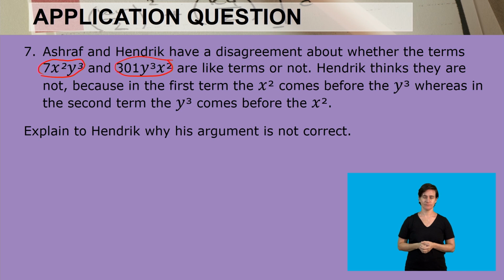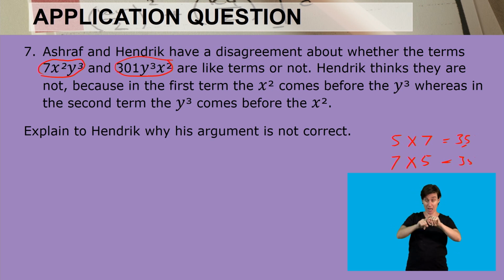When you look at the terms, you'd realize that x squared and y cubed are multiplied, and multiplication is commutative. What that means is, even if it was numbers, 5 multiplied by 7 and 7 multiplied by 5, the outcome is still the same, 35. So how the numbers are arranged will not alter the answer.